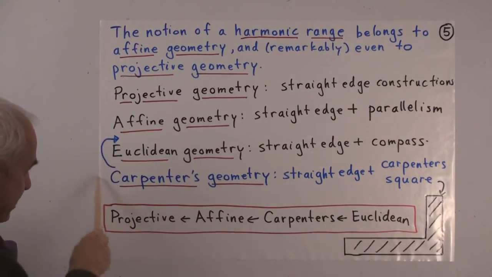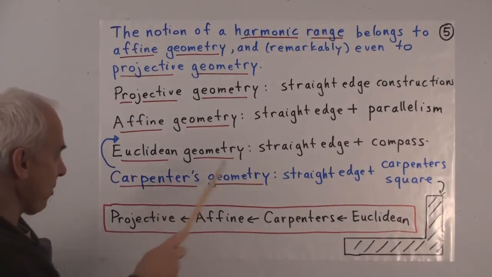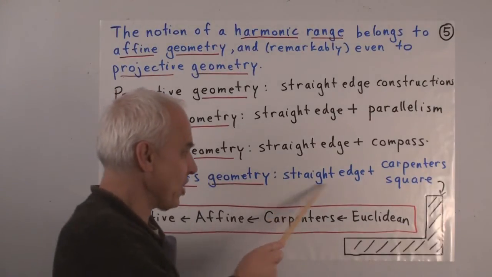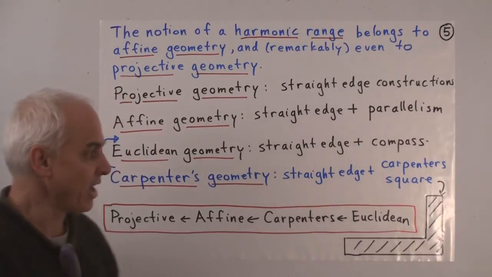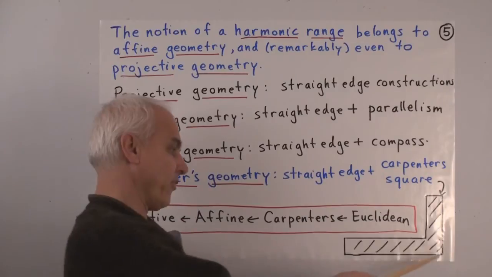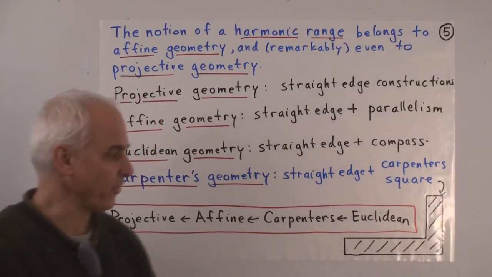Now there's actually another geometry that really ought to squeeze in here, which is almost never discussed, and I'd like to call it carpenter's geometry, where it's the geometry that you get by having a straight edge plus a carpenter's square. Well, actually a carpenter's square already has a straight edge in it, so really it's just the geometry formed by a carpenter's square.